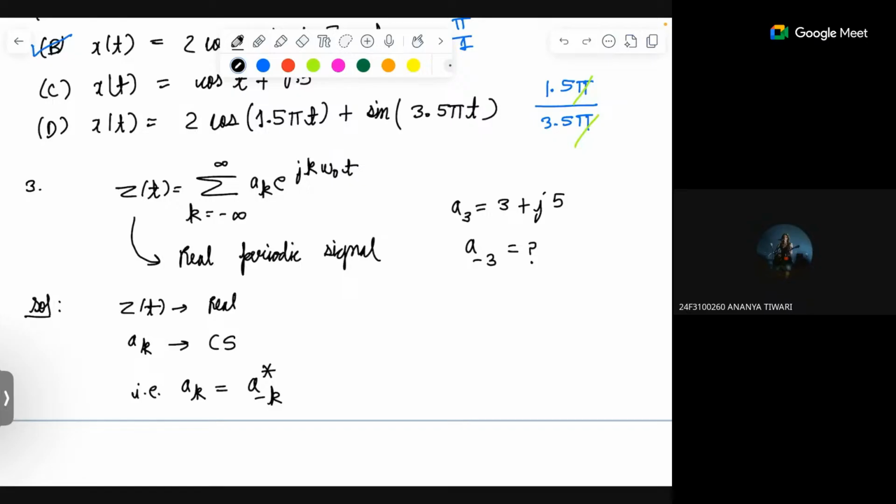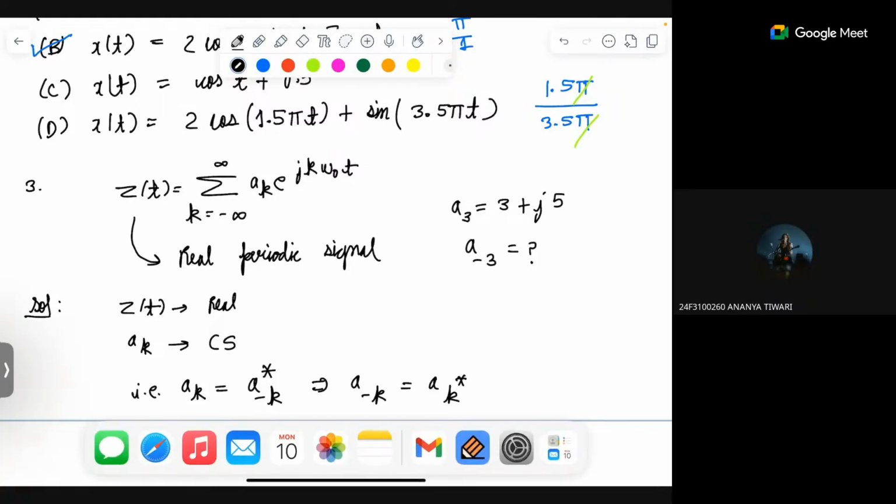Since we have to discuss other questions also, now I will start solving. In the question, this is the Fourier series expansion. Now it is given that z(t) is a real periodic signal. If z(t) is real, my property says that a_k will be conjugate symmetric. Being conjugate symmetric, this property will hold true: a_k is equal to a of minus k star. So I can also write this as a of minus k is equal to a_k star.